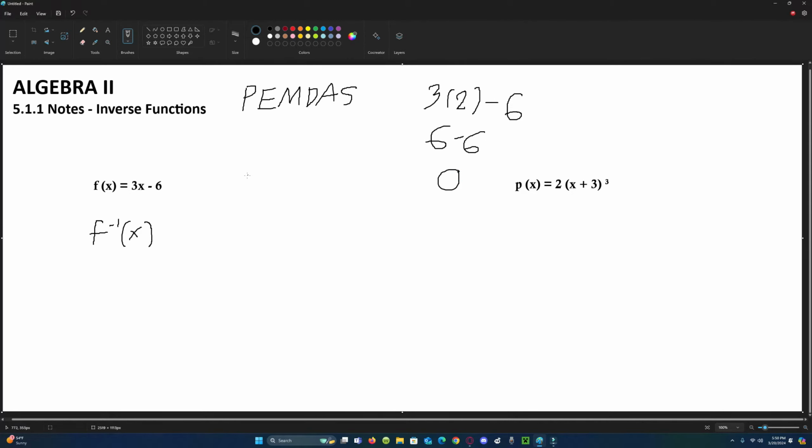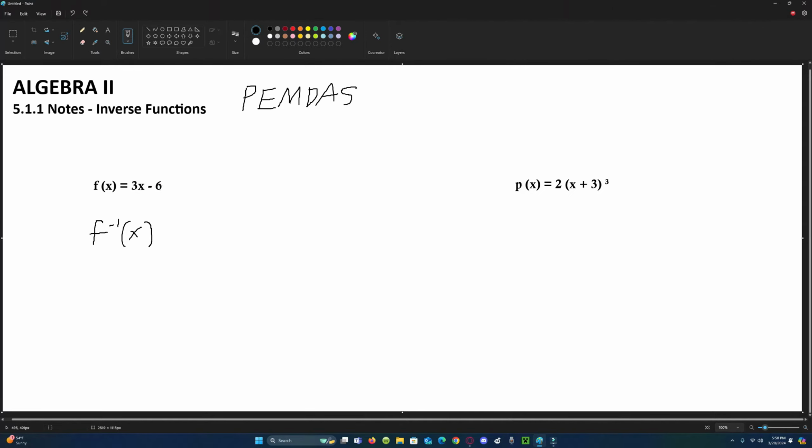However, when you want to make an inverse function, we have to go in the reverse order of PEMDAS. And this is what I mean. Instead of starting with the 3 multiplying the x, we're going to start with the 6 right here.